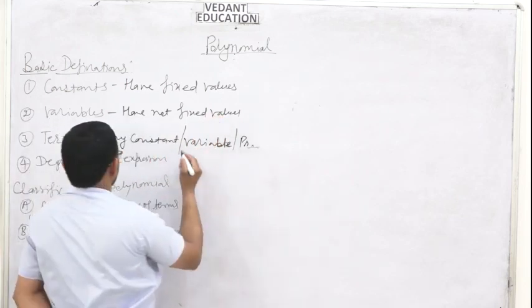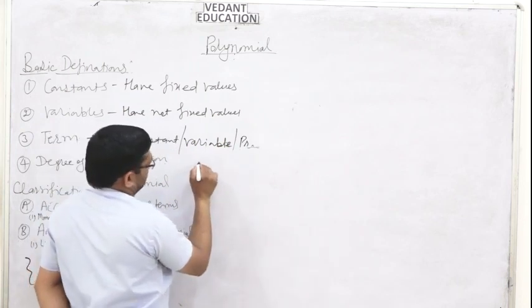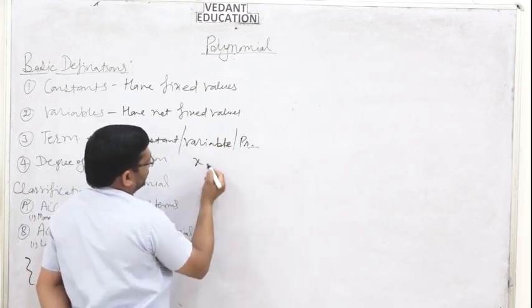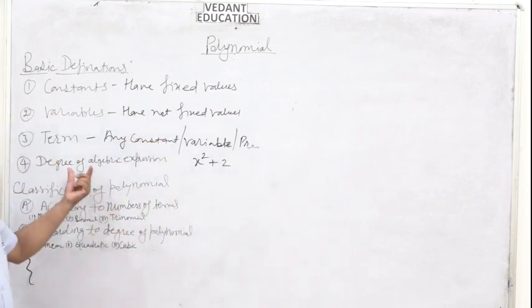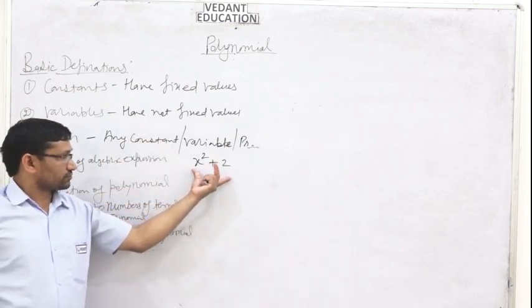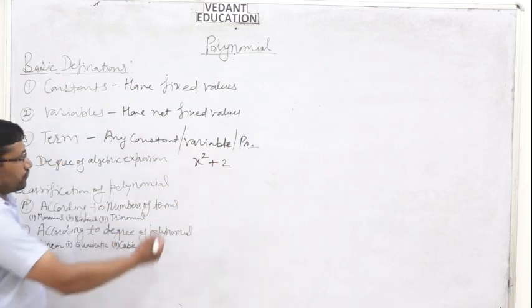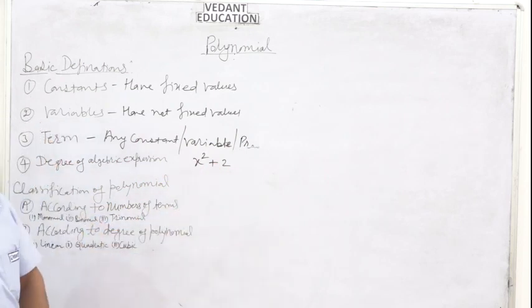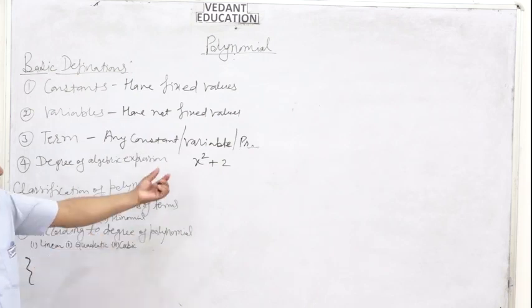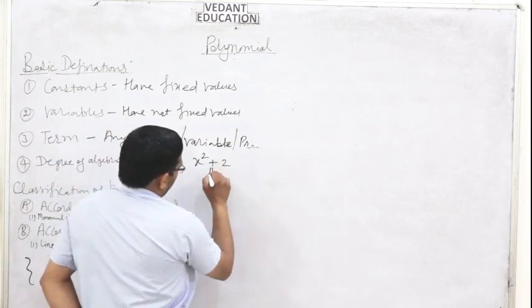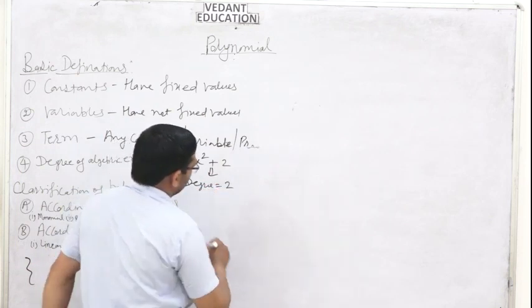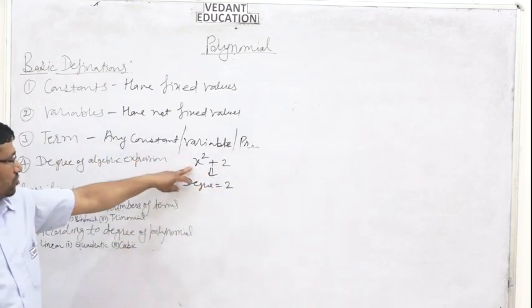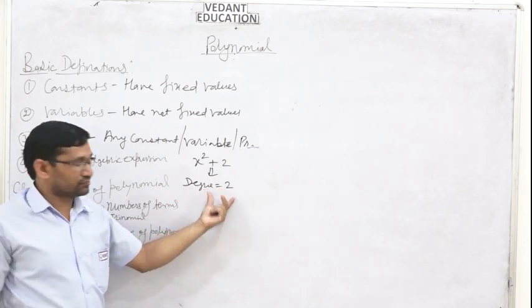Suppose any algebraic expression is x square plus 2. This is an algebraic expression. In this algebraic expression, x is the variable. So degree is equal to 2. Highest power of variable is the degree.